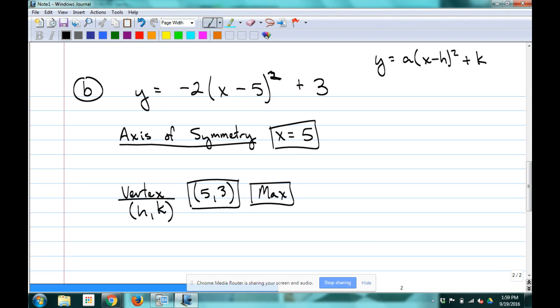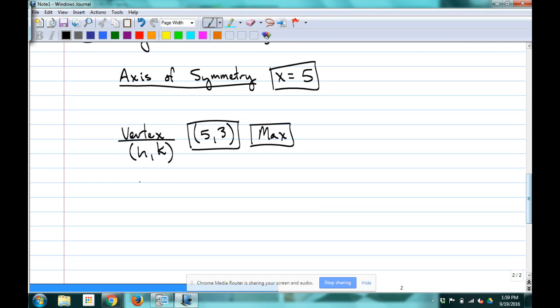Okay. And then we want to find the focus. Remember, that's going to be an ordered pair. And we're going to take the 3 and we're going to add 1/4 times a.